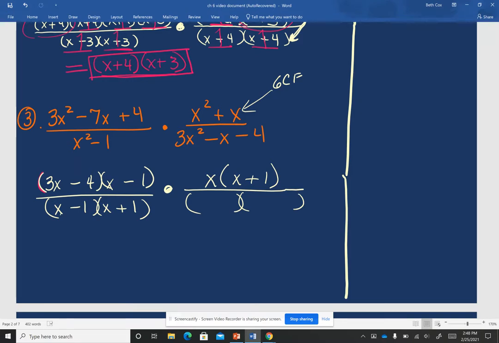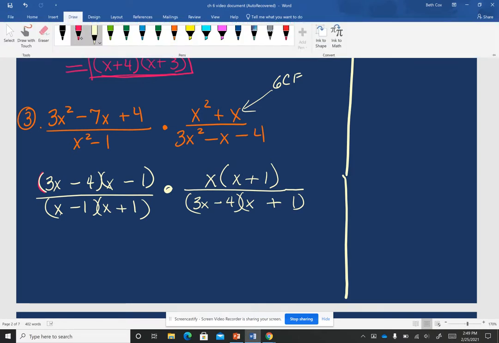Make sure that's right. All right, and then the bottom one, it's going to be a 4 and a 1, but it's going to be minus 4 plus 1. There we go. All right. Those were kind of hard. Got them all factored. I hope they're right. Y'all let me know if I'm wrong, right?